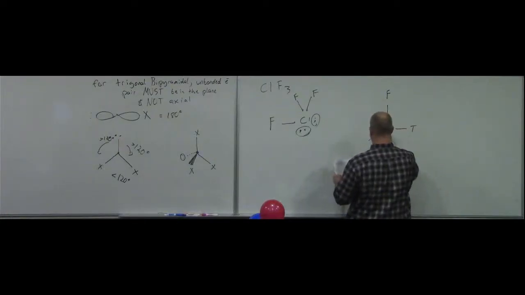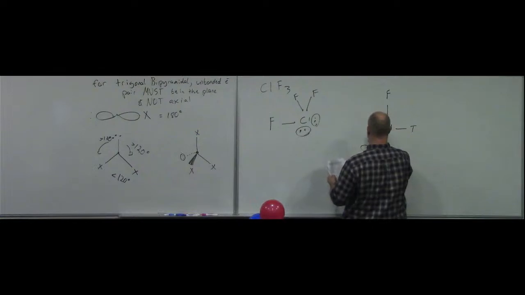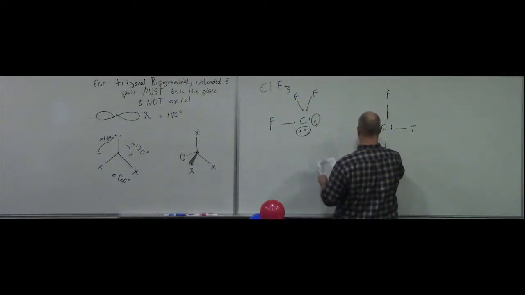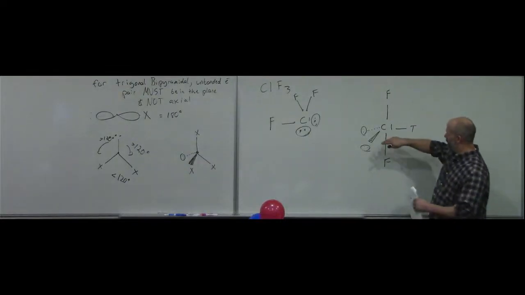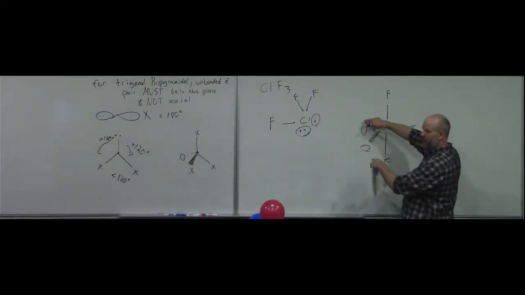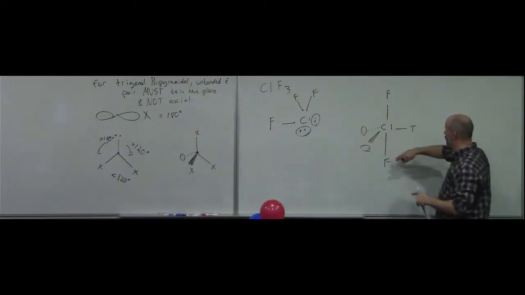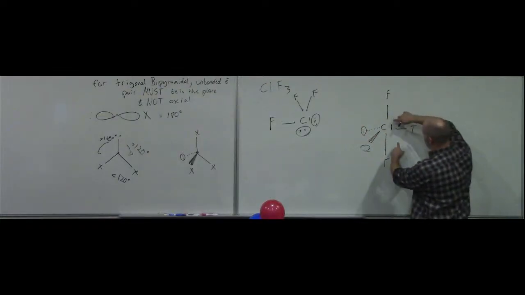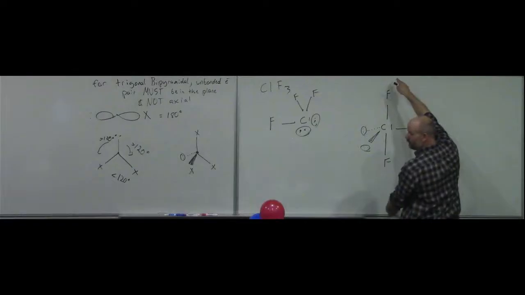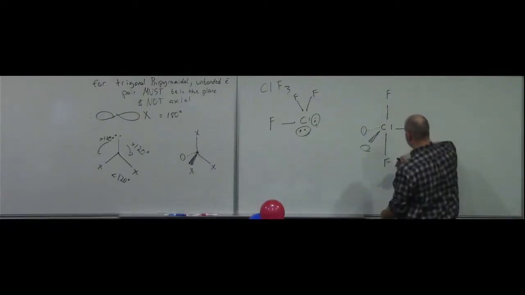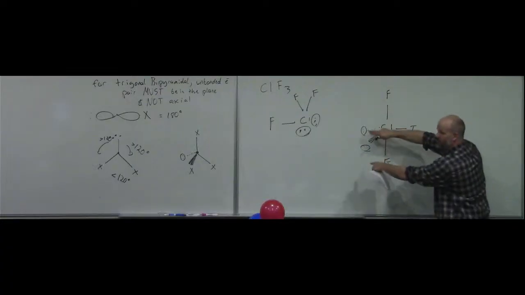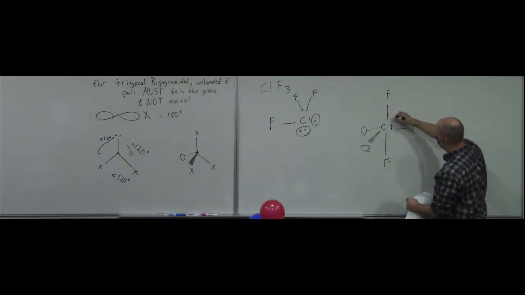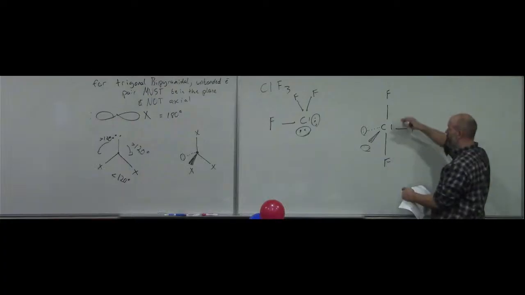I can put an unbonded pair in the plane, and I can put another unbonded pair in the plane. And so this allows these the most space to spread out, and these 2 are going to be perfect, 180 degrees from each other, more or less. And this guy is going to be as far away from each of these as he can, so this is going to be pretty close to 90, 90, so we'd call this a T.